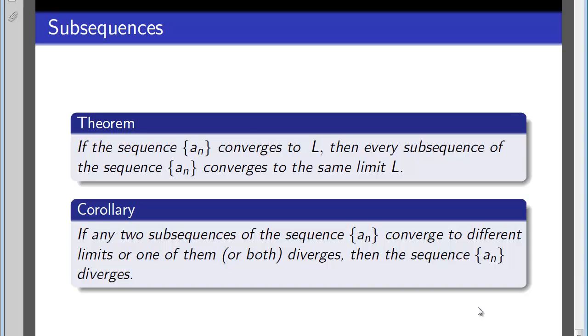This is a very useful corollary, because sometimes it may not be easy to show that a sequence diverges, but if we can find two subsequences which satisfy one of the conditions of the corollary, then we can say that the sequence diverges.